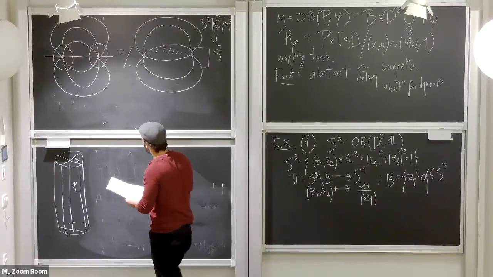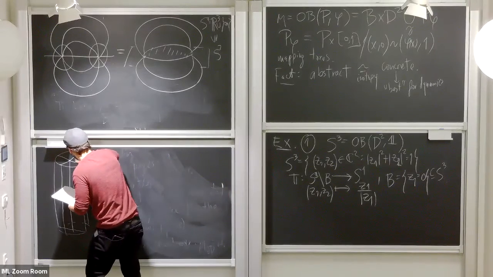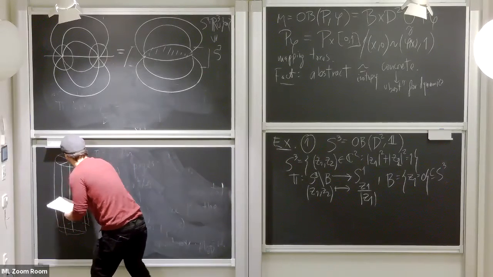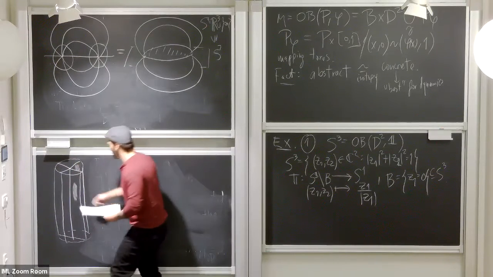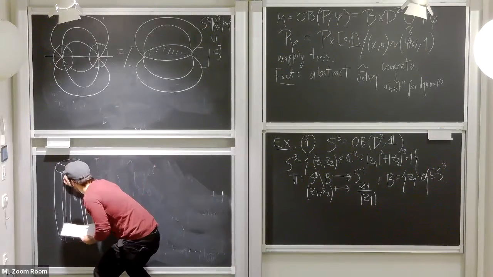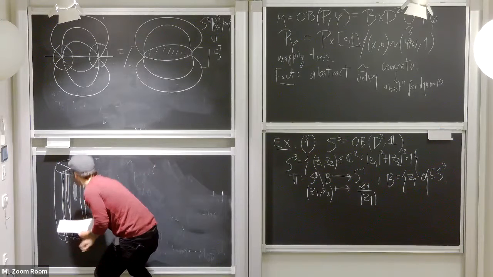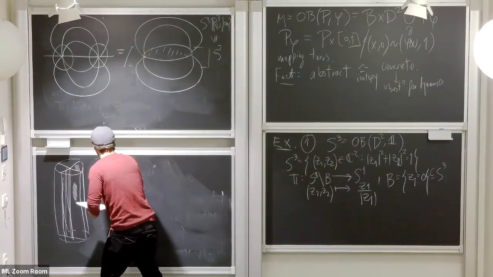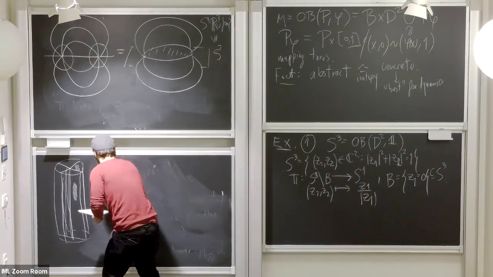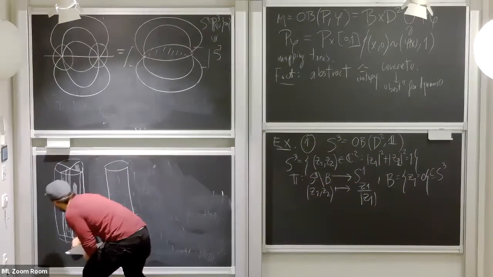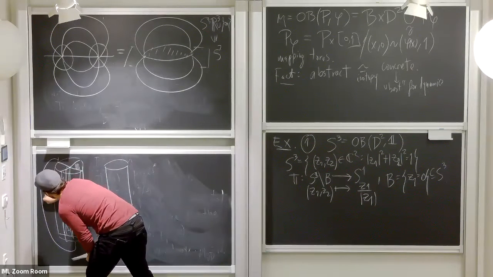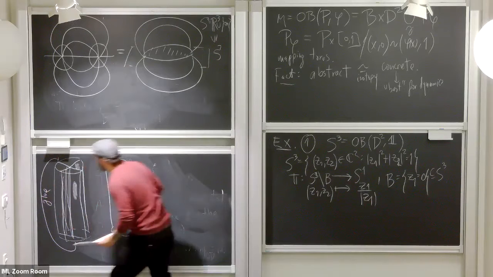I take a copy of the solid torus, foliated precisely in this picture, where the pages look like this. And I take another solid torus. Here you need to think that I'm gluing top to the bottom, so it's glued by the identity.